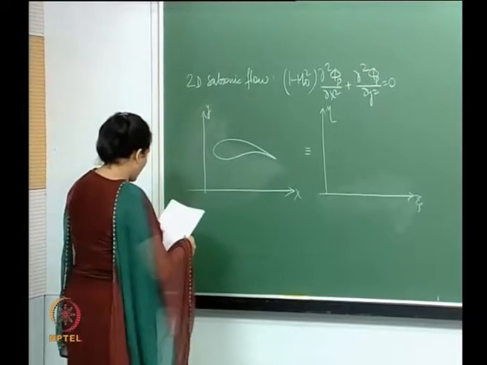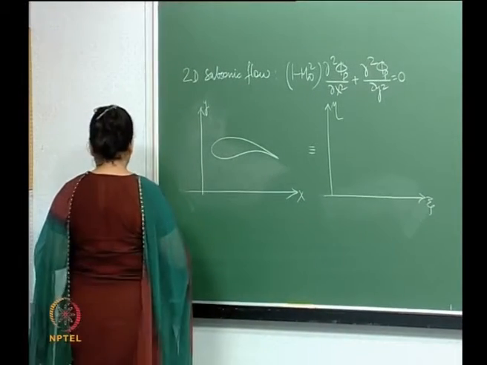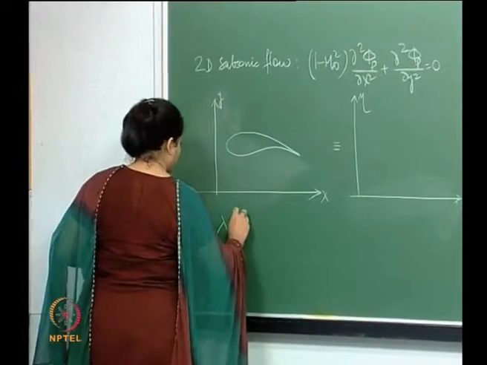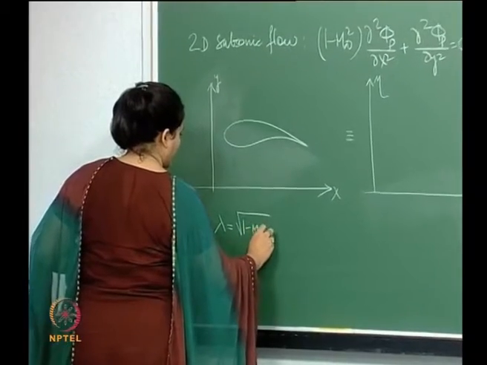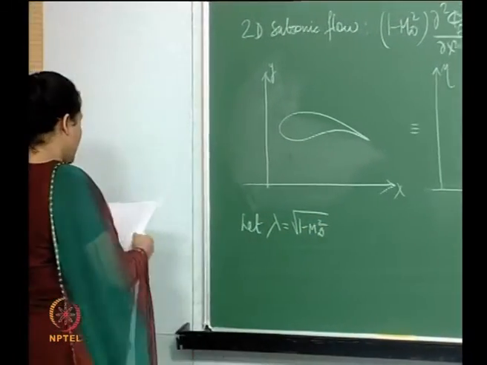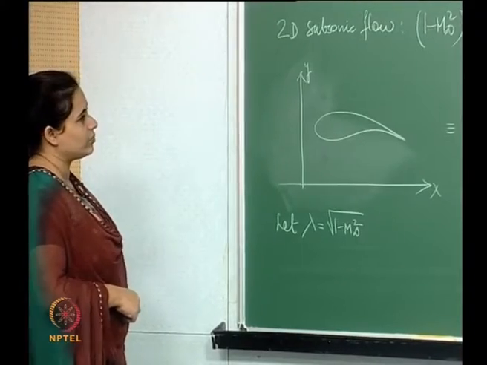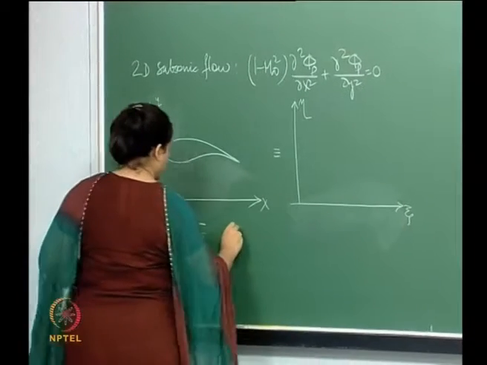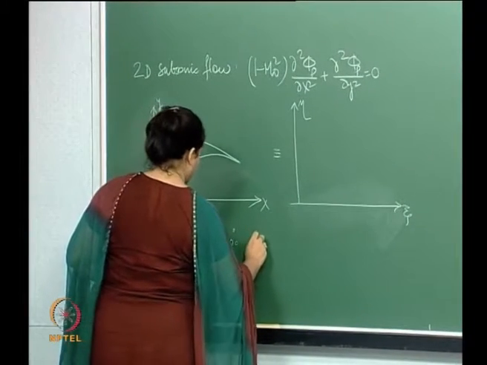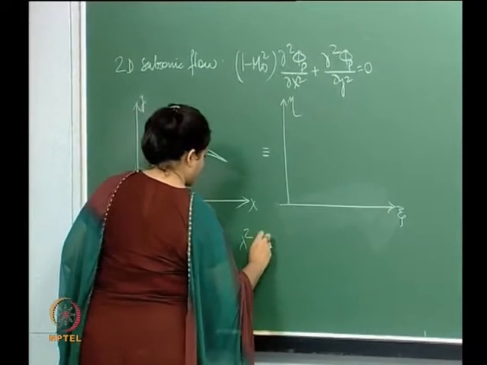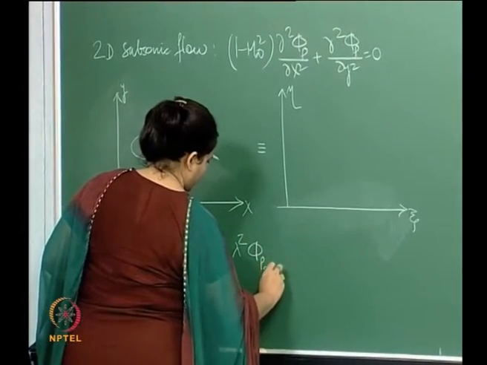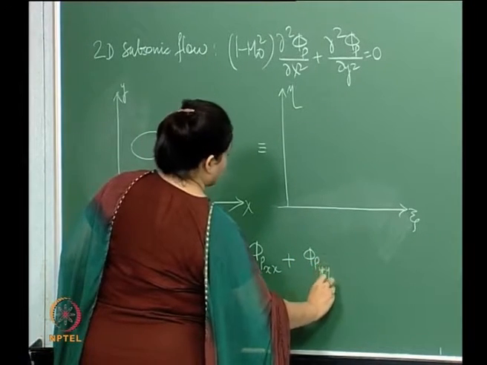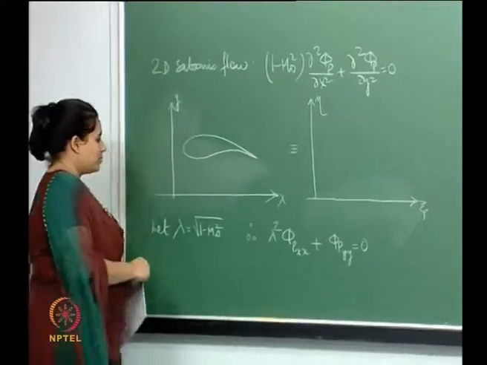Having said that, let us denote lambda square to be equal to this. Therefore, our governing equation basically becomes this.